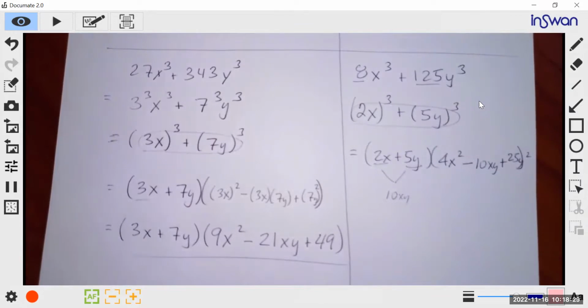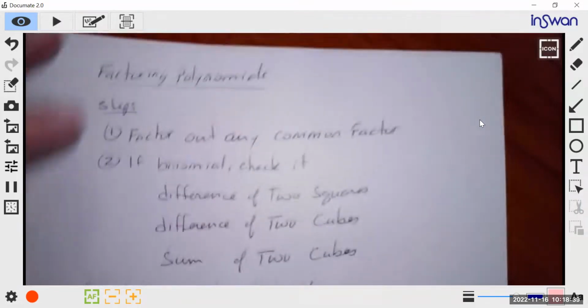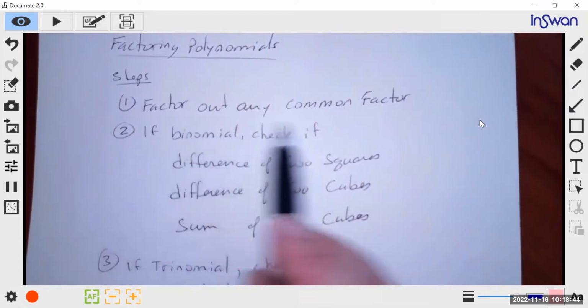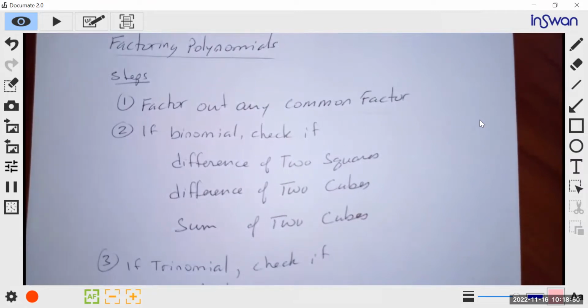Now, again, each one individually is pretty easy, but if I just give you some off the chart, you start thinking about this. Here's a rundown of what you have to look for. When you factor polynomials, first factor out any common factors you can. If all of them have x's, factor out the x's. If they have any number, make the numbers as small as possible before you do anything.